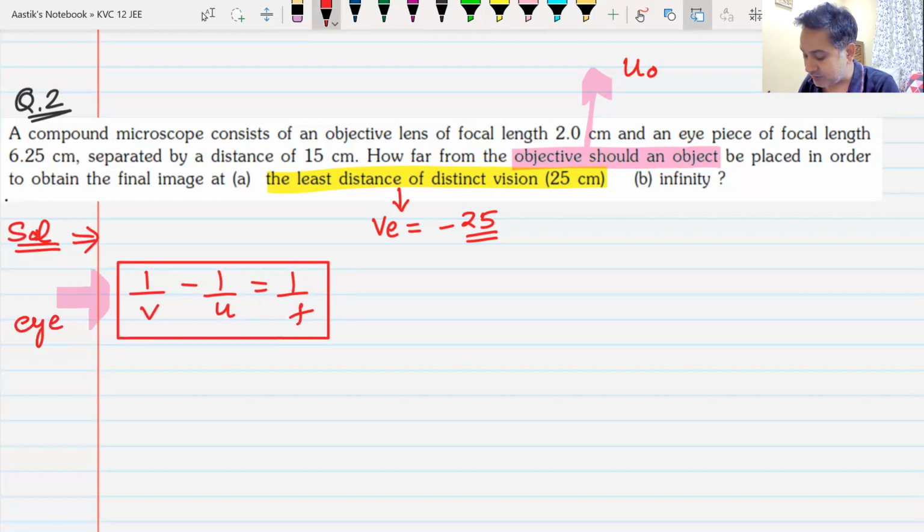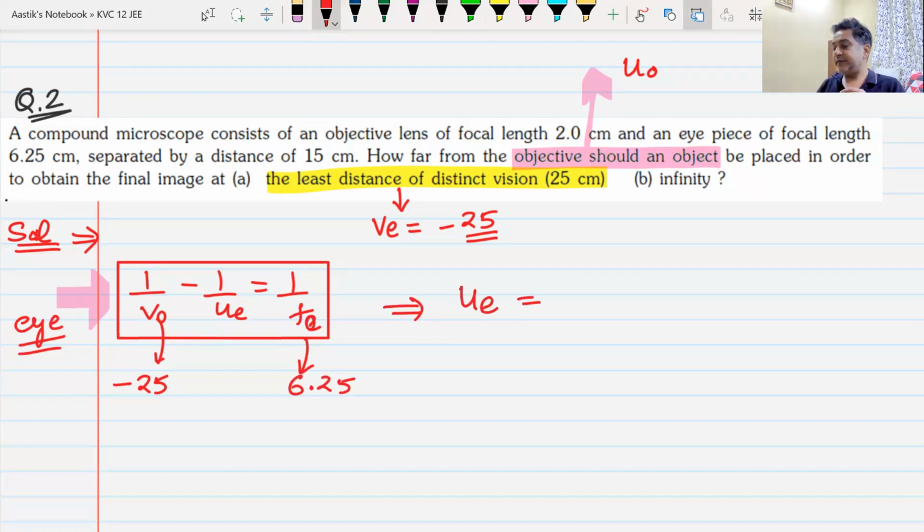What all things do I know here? I know the value of V as minus 25, which I can write as VE. I know the focal length of the eyepiece, 6.25. From here, I can find out the value of UE, which is the distance of the first image from the eyepiece. VE is given as minus 25, FE is given as 6.25.